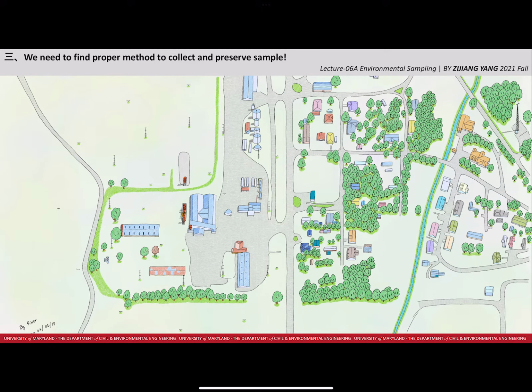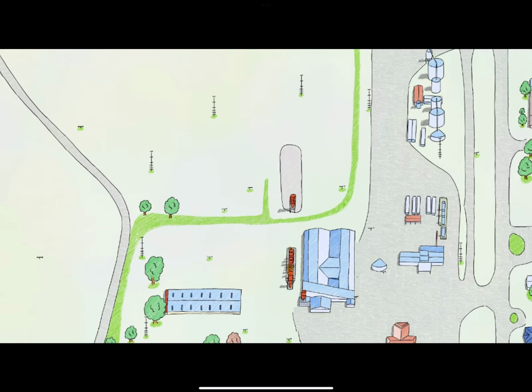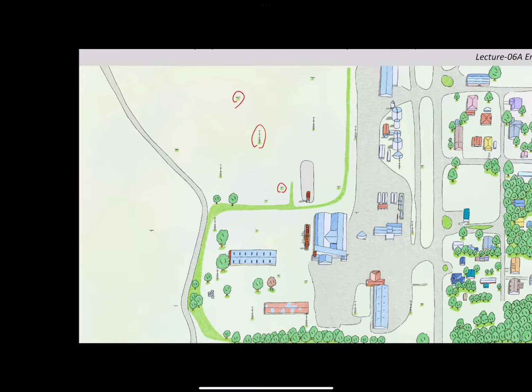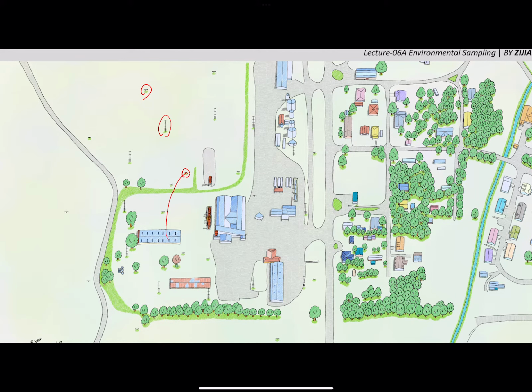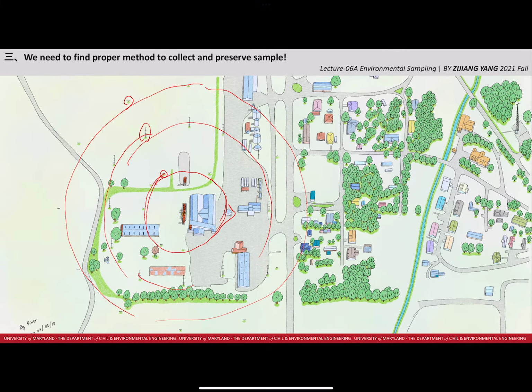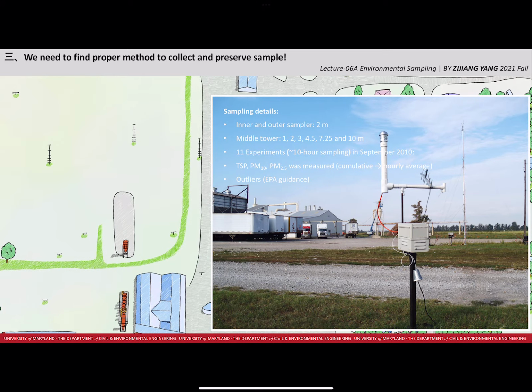To know the concentration around this whole cotton gin, we have different samplers. We have 3 tiers of samplers: 1, 2, and 3. We have a sampling array around this releasing source. Here shows the detail of the sampler.